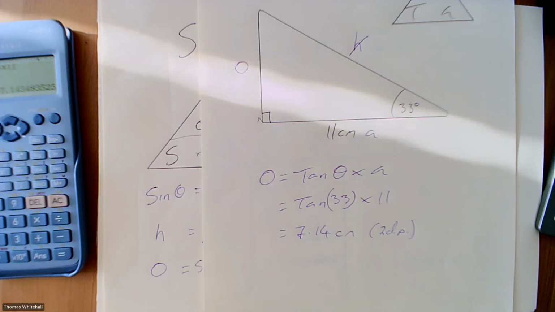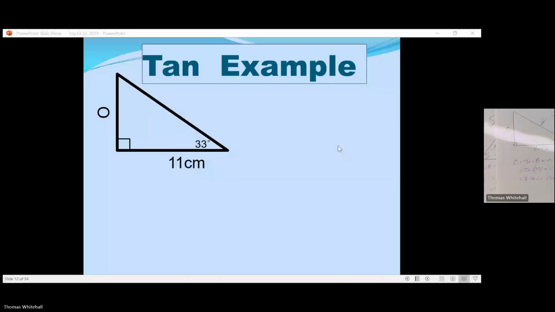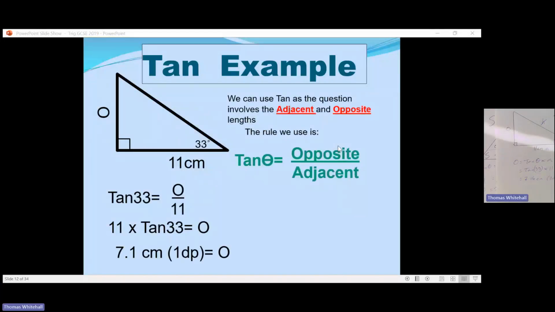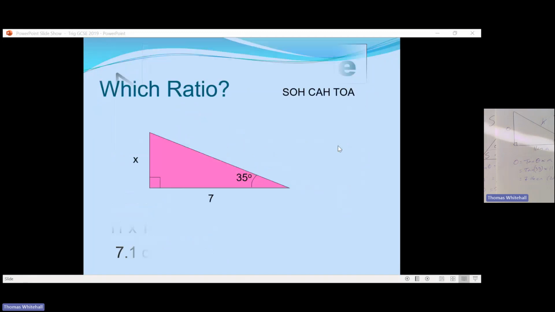Now I'm going to switch back to the PowerPoint briefly. There's our tan example, which we've just seen and gone through. So we're here, and initially it says which ratio, and we're given a triangle, and it tells us a whole bunch of stuff about it. So we're given the included angle.